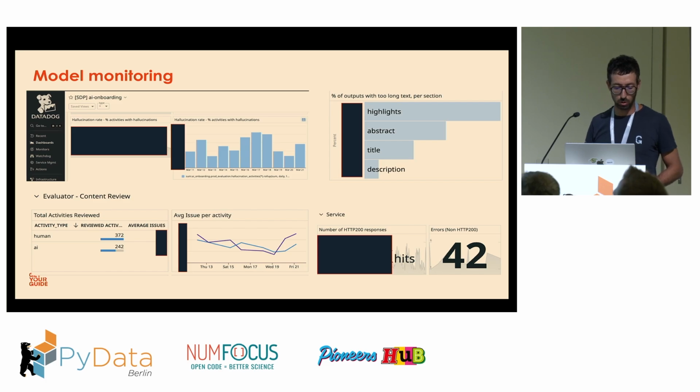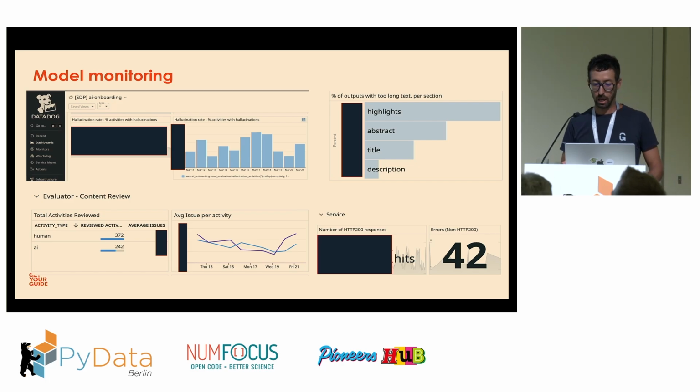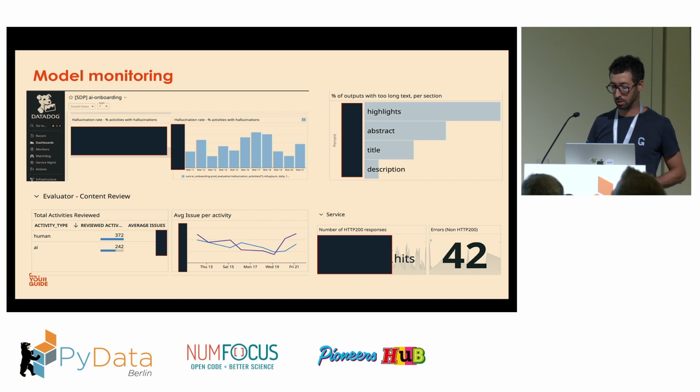And on the bottom, you can see another process that we have where our content team receives a set of tours or activities generated with AI and generated fully manually. So the content quality can be compared for the two groups, and we can assess if the AI generated tours are better quality. We also monitor the health of the service by checking the number of requests and error rate of the responses.